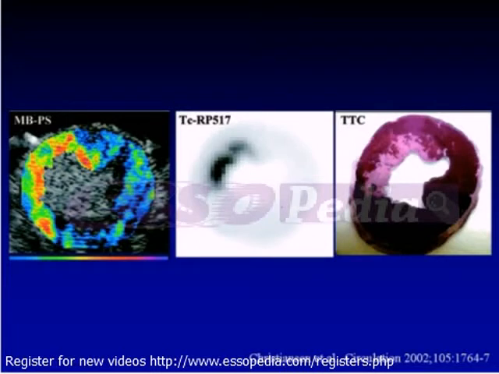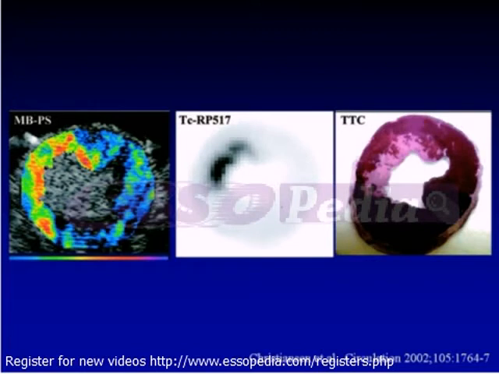These images were obtained from an animal experimental model where the animal underwent 30 minutes of ischemia followed by reperfusion. The far left image shows a myocardial contrast enhanced image using microbubbles that were labeled with P-selectin, which can identify upregulation of inflammatory markers on the endothelial cell surface.